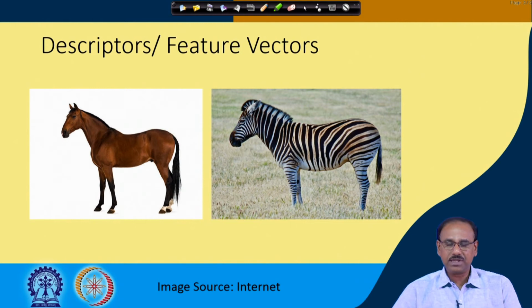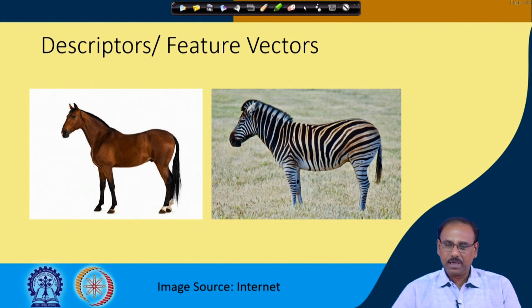And this discrimination can be done using multiple properties. It may not be possible that I will have a single property. This has to be done using multiple properties. Similarly, when I go for color, again from the color I can extract multiple properties. Similarly, when I go for texture I can extract multiple properties.